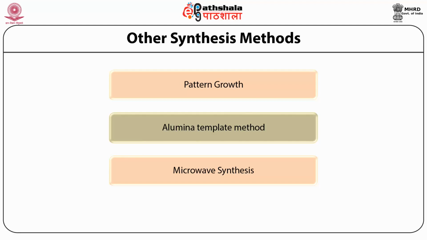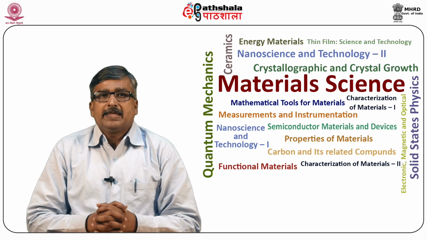You can put the organic solvent along with ferrocene in a microwave and heat it, and you will end up with reasonably good quality nanotubes in a few minutes. So this is another method recently developed to grow multi-wall carbon nanotubes. So I have discussed here a few very renowned methods as well as a few other methods to grow carbon nanotubes.